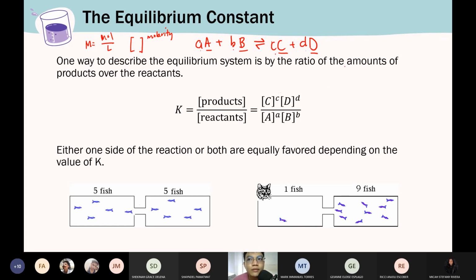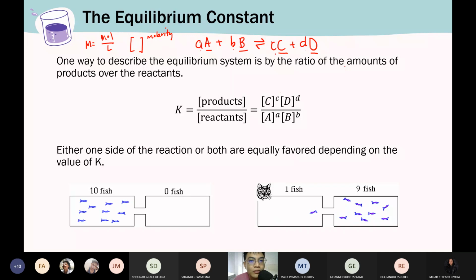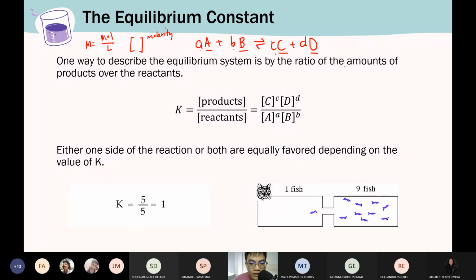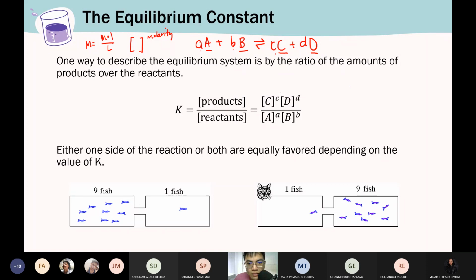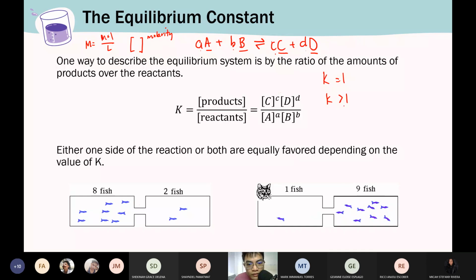Okay. Now, ano naman? What's with equilibrium constant? Siyempre, since that is an equation, meaning we will be able to get a certain value. So, when we divide the concentration of products and reactants, may value yan. Tatlo yung possible value yan. So, the value is K equals 1, K greater than 1, and then K less than 1.